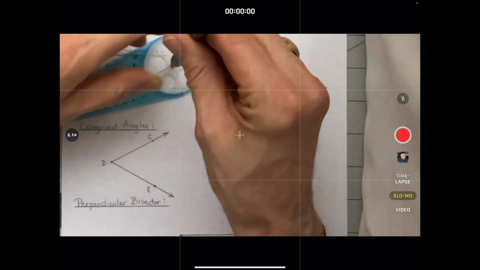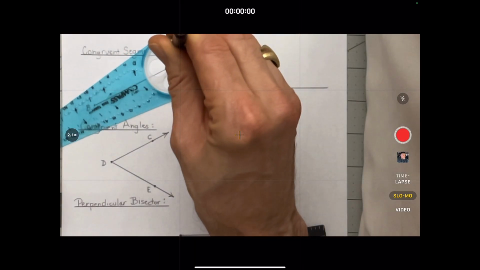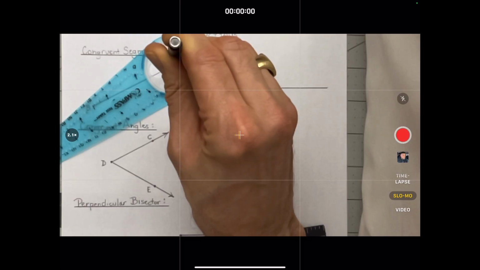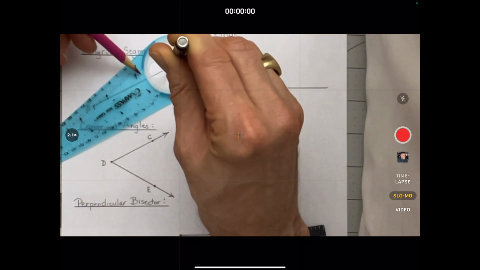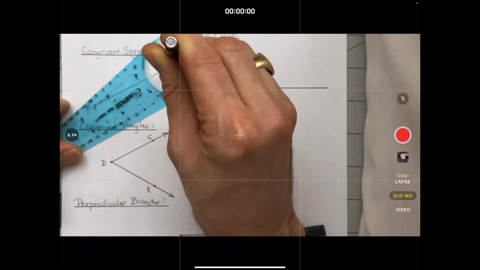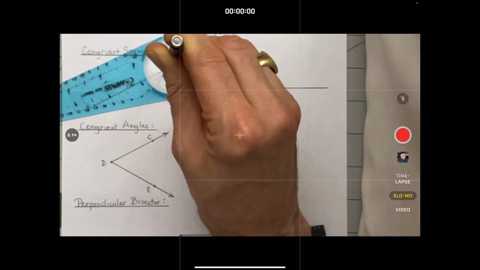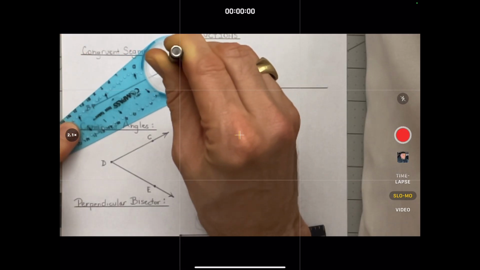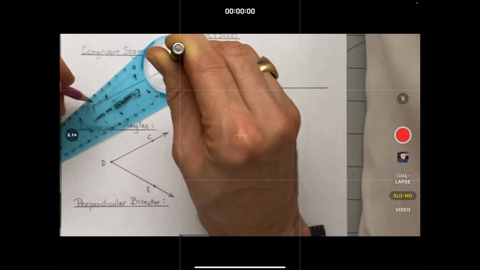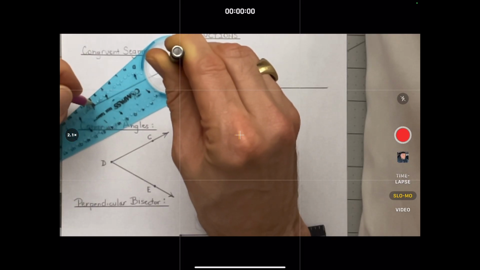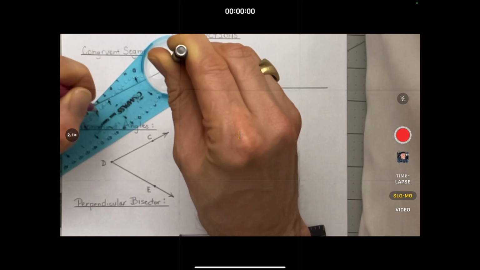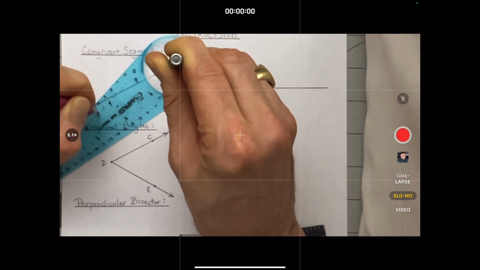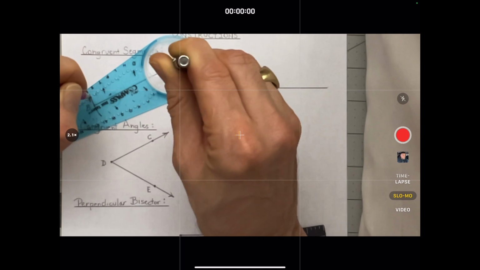Then we are going to find the hole that is closest in our number of holes that go on this side, or it could be on this side right here. It looks like it's this one right here. So we are going to make an arc mark on the original segment here.